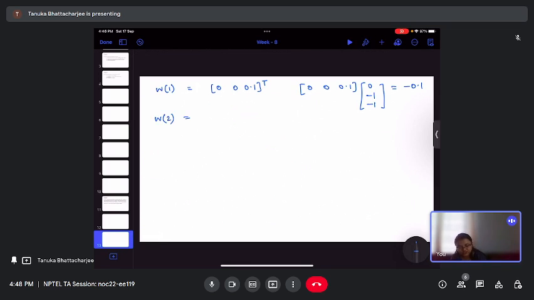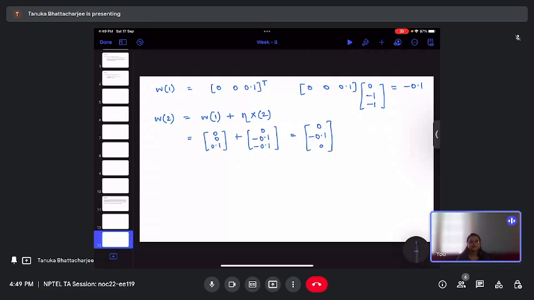Now, your W2 will become W1 plus eta times x2. So, your W1 is 0 0 0.1 and eta times x2 becomes 0 minus 0.1 minus 0.1. So, your final weight vector is 0 minus 0.1 0. This is your updated weight vector after iteration 2.